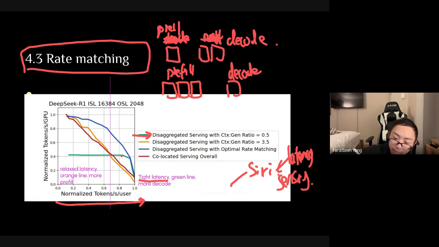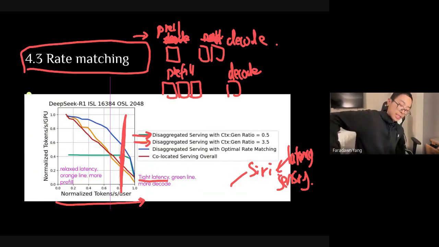Say if you fix a latency requirement of 0.8, then is the green line or the orange line better? The green line is definitely better. And the green line refers to 1 prefill and 2 decode.